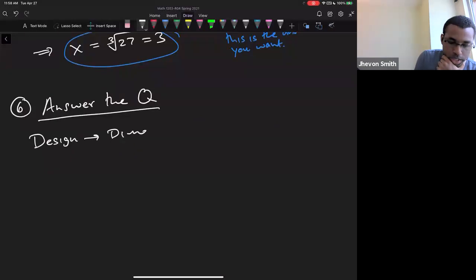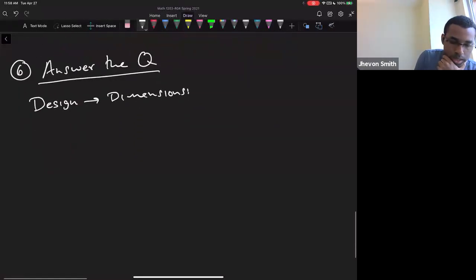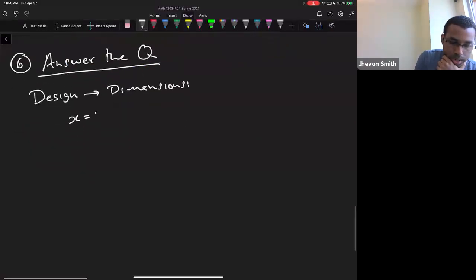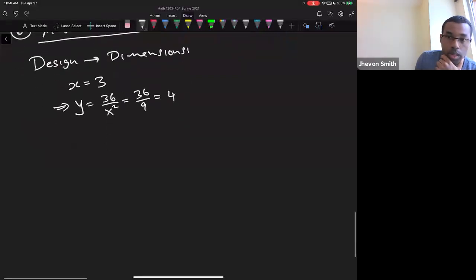which means I need dimensions, which means if x is 3, then I need to know the y to give you the full dimensions. Y would be 36 over x squared, which is 36 over 9, which is 4.